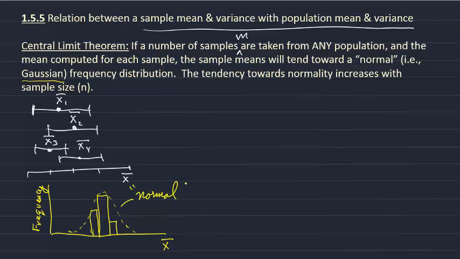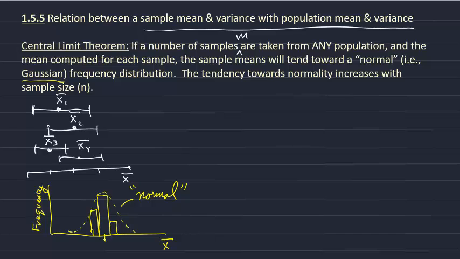Our normal distribution is a bell-shaped distribution. It's symmetric on either side of the mean. It's our Gaussian function. We'll get into that a little bit more in detail. But what you need to know is that the distribution of those sample means will be distributed like this normal distribution. In other words, the central limit theorem is stating that the sample mean is an unbiased estimate of the population mean.